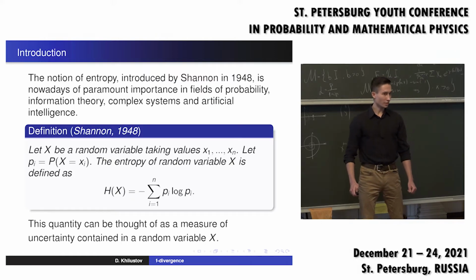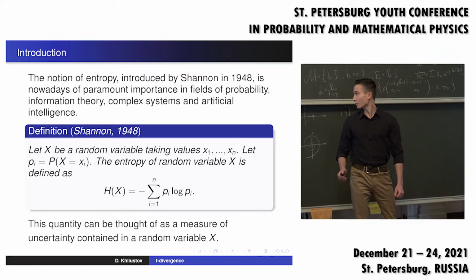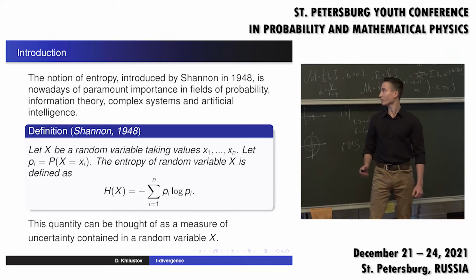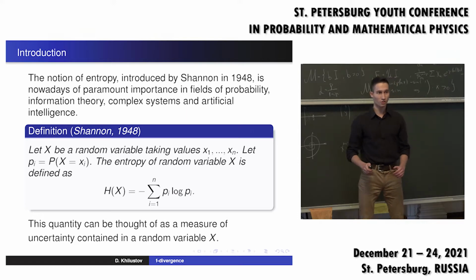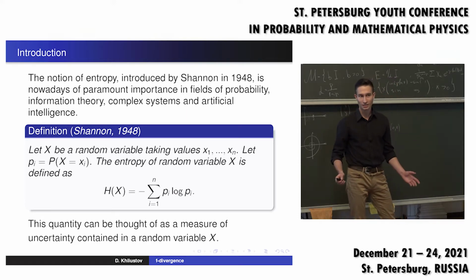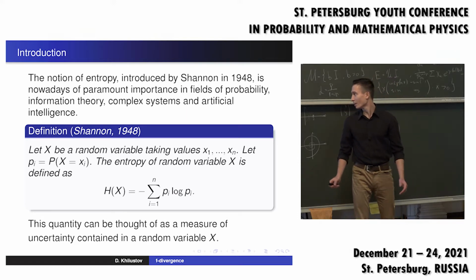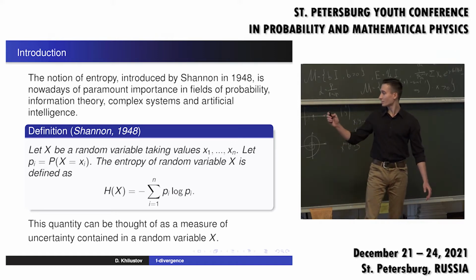Let us first recall the basic notions of information theory. The first and the most important one is that of entropy, which was introduced by Shannon in 1948. This quantity can be thought of as a measure of uncertainty contained in a random variable, and for a discrete case is defined in the following way.